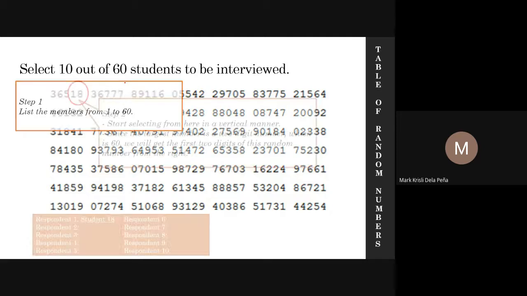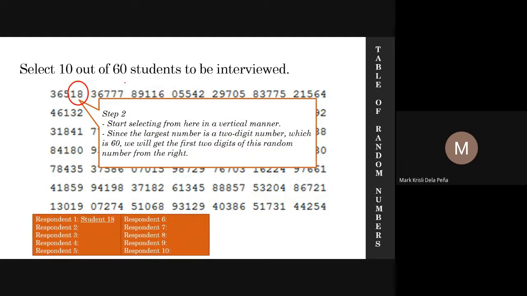Then the second step is to go to the table of random numbers. Since we have a 5-digit number here, and the largest number is only a 2-digit number, we will only be getting the first 2 digits of our given number in the table. The first two starting from the right, that's 18. So the student in number 18 will be my first respondent.